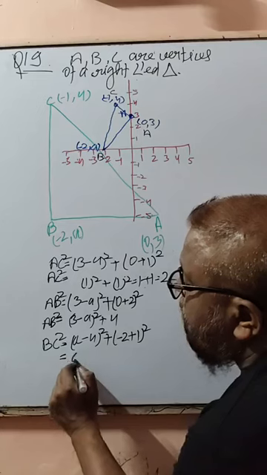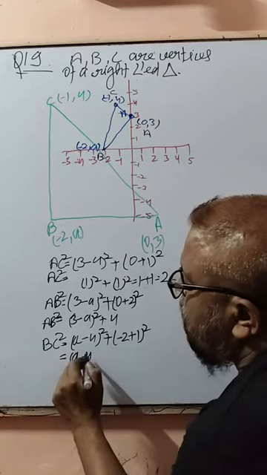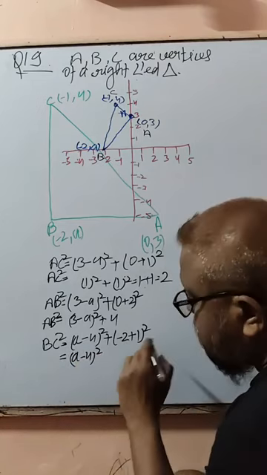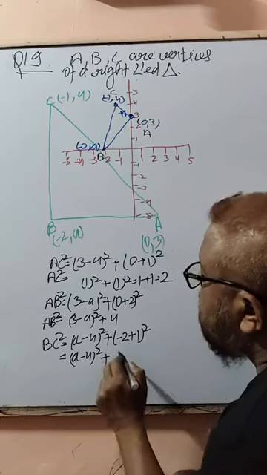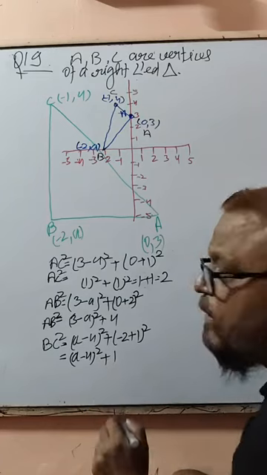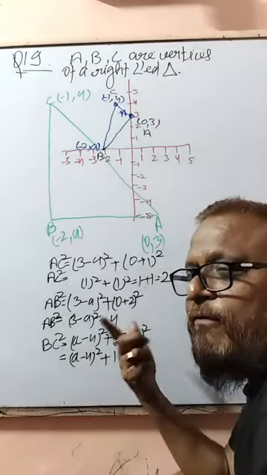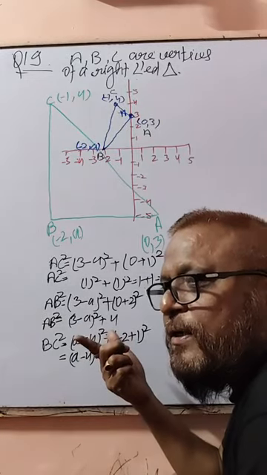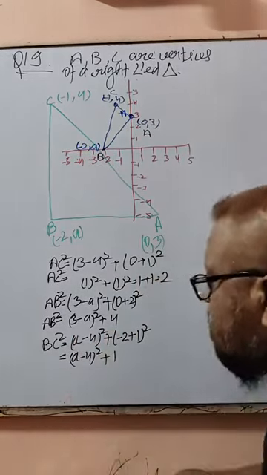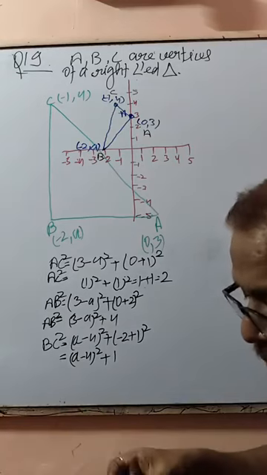So how much is that? a minus 4 whole square plus 1, because minus 2 plus 1 is minus 1, and its square is 1. Right?